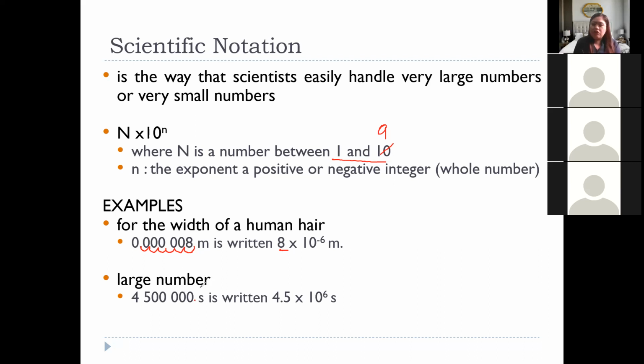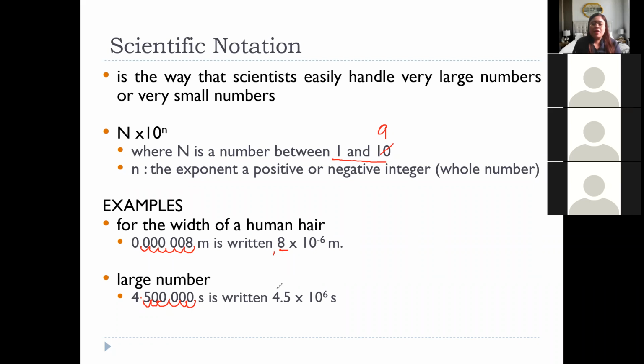So if we move, we have to make sure that the capital letter N is between 1 to 9. So we'll move 1, 2, 3, 4, 5. We will not stop here because that's 45. That's beyond 1 to 9. And then here, 6. You can stop here because that is 4.5 already. It is within 1 to 9.